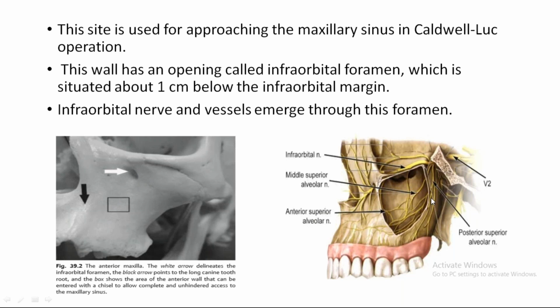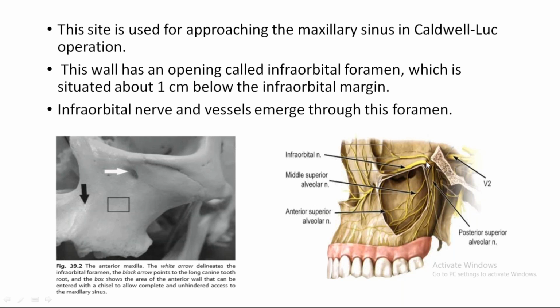So here you can see the different nerves. This is V2, the maxillary division of the trigeminal. From there arises the posterior superior alveolar nerve, and then the infraorbital nerve comes like this, and then through the infraorbital foramen it comes.